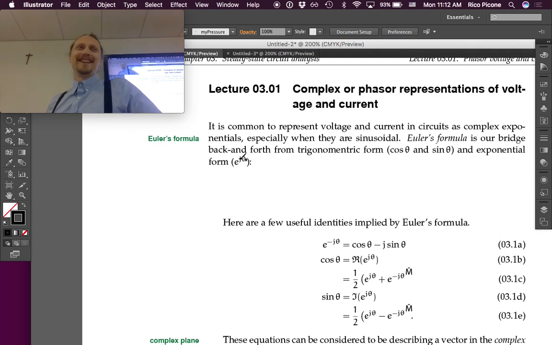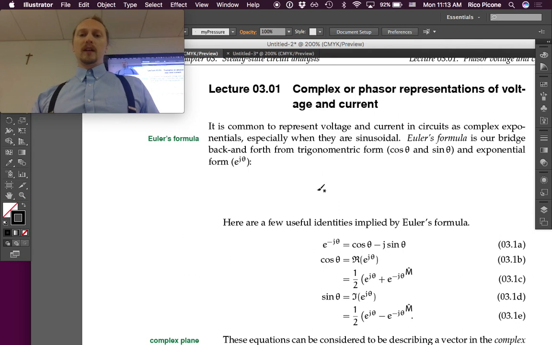So it is common to represent voltage and current in circuits as complex exponentials, especially when they are sinusoidal. Euler's formula is our bridge back and forth from trigonometric form with cosines and sines to and from exponential form, which is this e to the j theta.